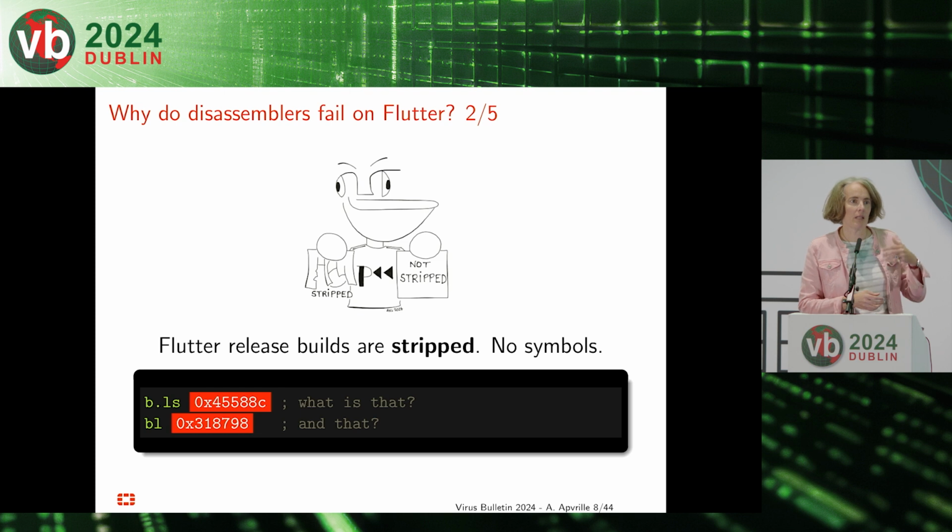But usually our disassemblers have some kind of inner mechanism to recover the symbols so that you know this is calling printf, or this or that part of the Windows API. Here we don't have the support for Flutter yet, which means that we just get an address, and we don't know where it is pointing to.